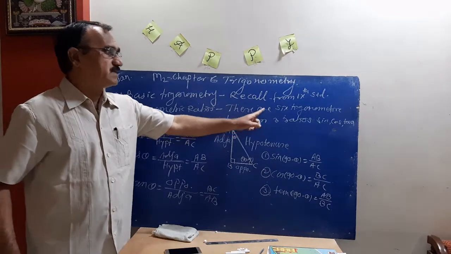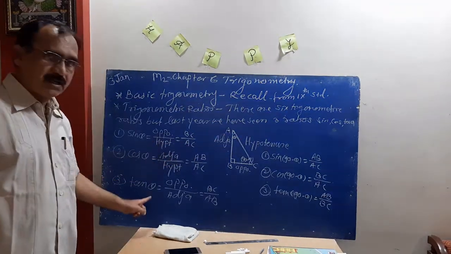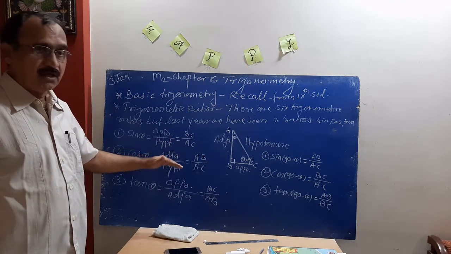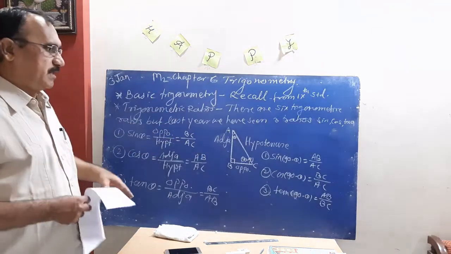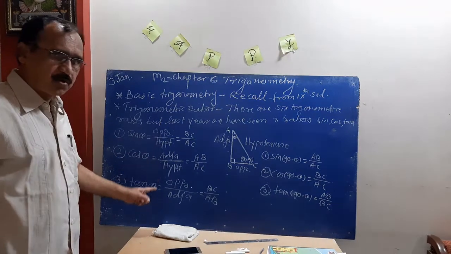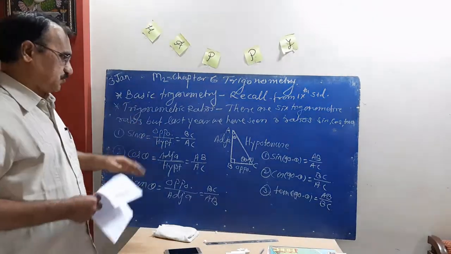We know here there are 6 trigonometric ratios. These are the basic trigonometry, but remaining 3 ratios are here. Now we are going to see which are these 3 remaining trigonometric ratios. These ratios are very simple. These ratios are the reciprocal of these ratios.